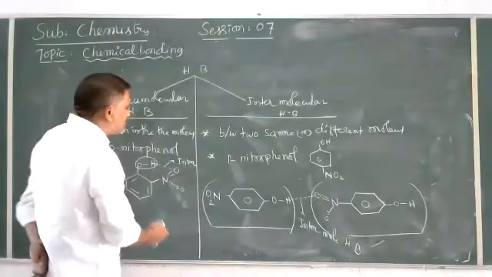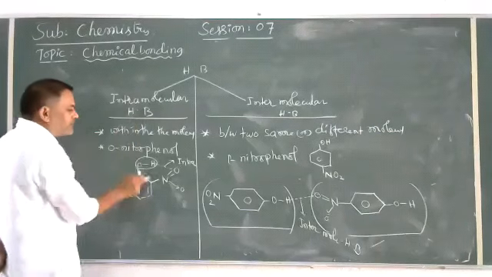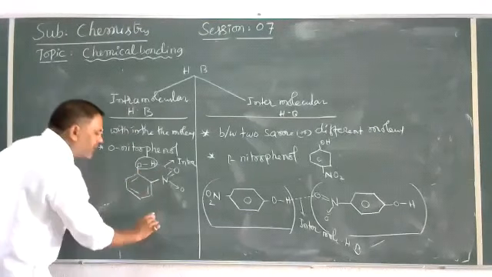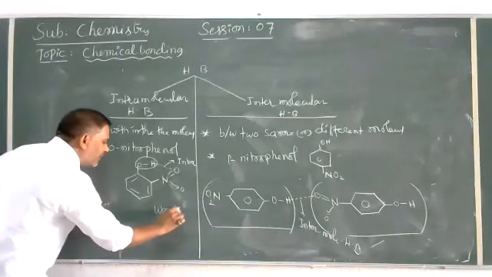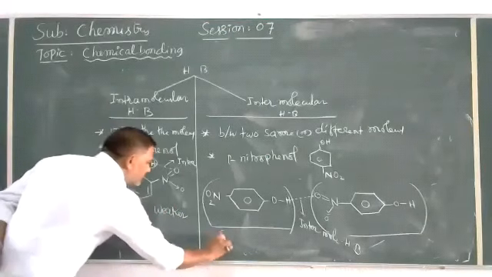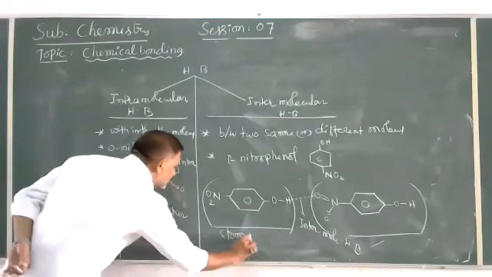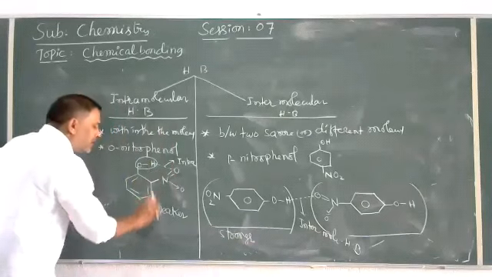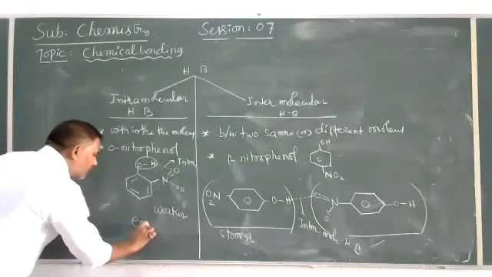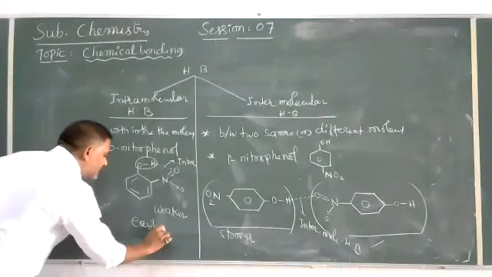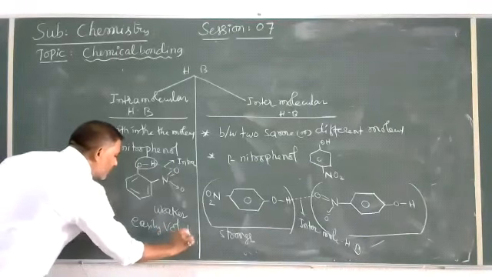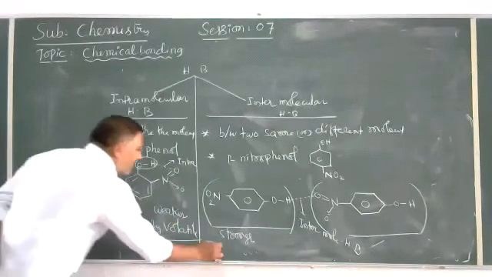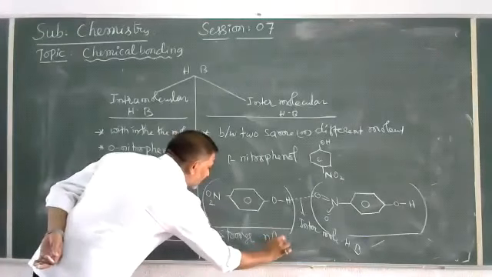Generally, the intramolecular hydrogen bond strength is weaker, and that's why ortho nitrophenol is an easily volatile compound, but the intermolecular ones are not easily volatile.